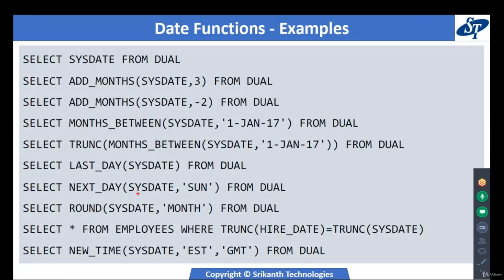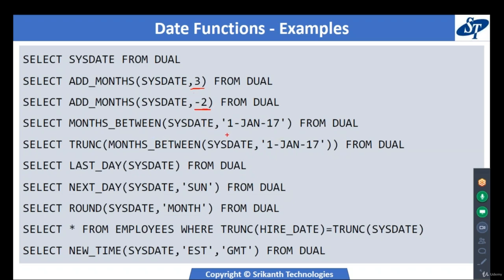Well, to start with, the sysdate is going to give you system date. Actually, it contains both the date and time, but you will see only the date because the default format is only displaying a date, not the time. But later in the course, you will see how to extract the time from the date data type. Add months is adding 3 months, and also you can go back by 2 months.